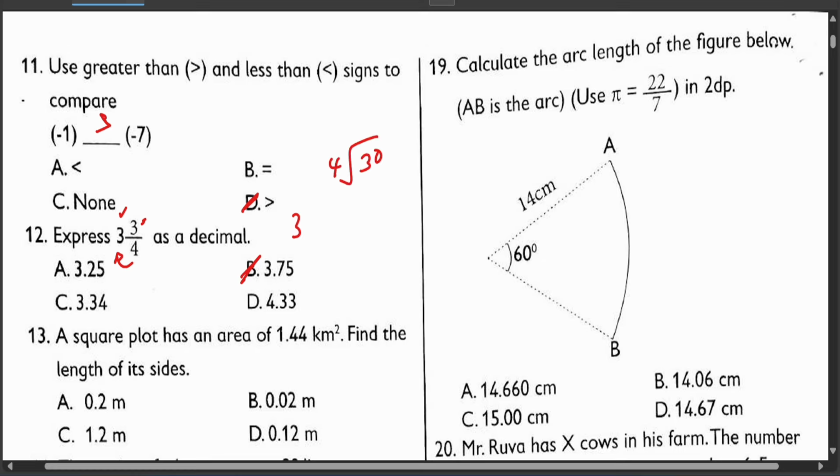Putting 0 here, 4 goes into 30 seven times, giving you 28. 30 minus 28 is 2. If you add 0 again, 4 goes into 20 five times. So it's 0.75. But the easiest way is to just know this, otherwise you will lose time. If you don't know it, you will lose a lot.